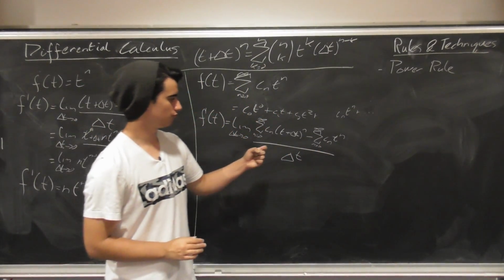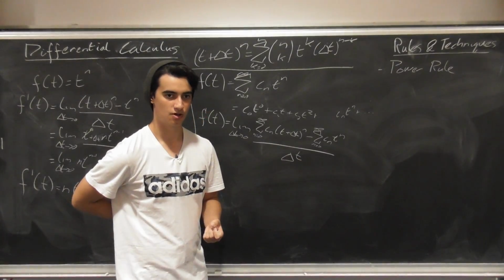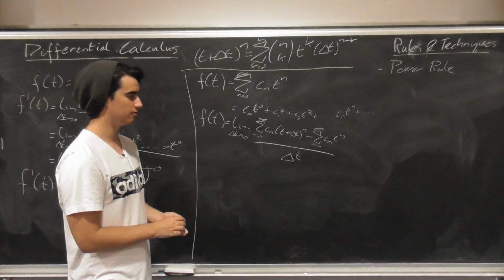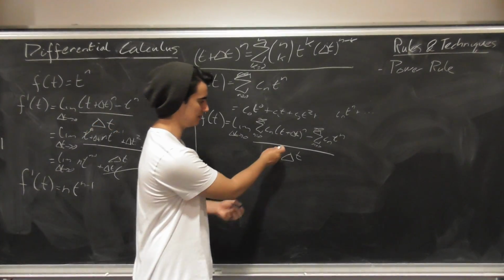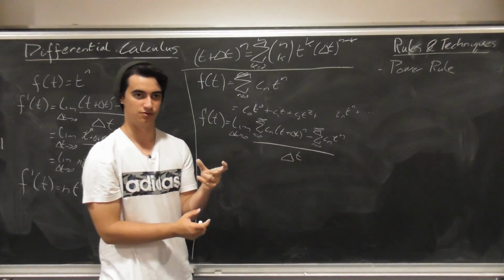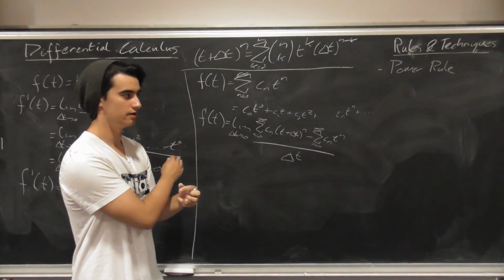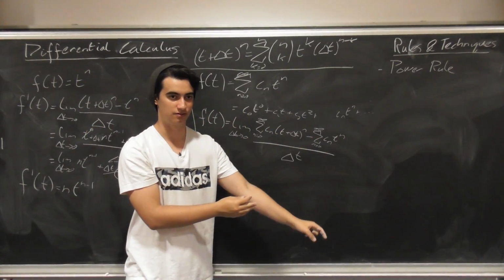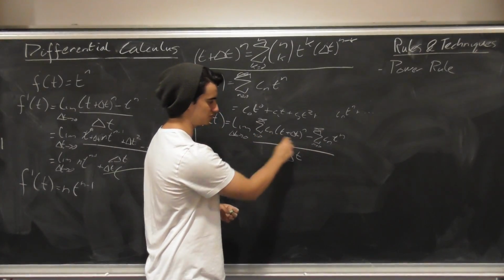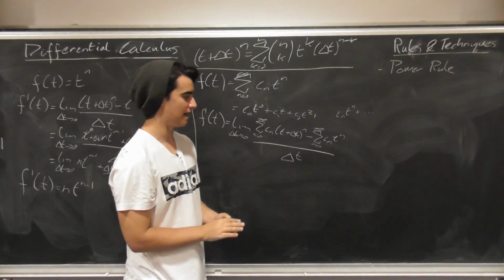Now, when we're dealing with sums, we can often combine them in certain ways. One of the ways that we can do this is we can combine these two sums together quite easily, right? Because if we're taking some sequence and we're adding it together, we can add it together with another sequence. So because these two sums are the same, we can take them out.